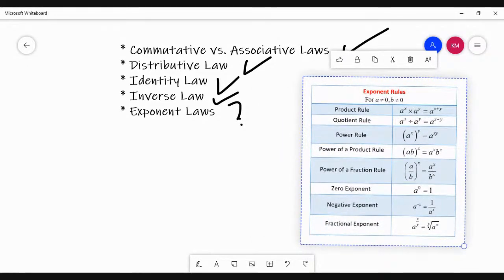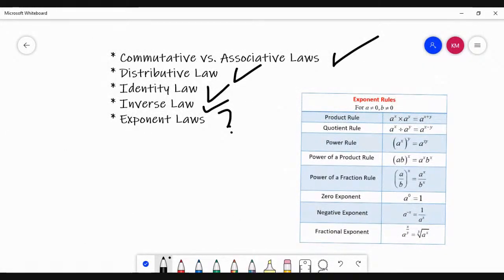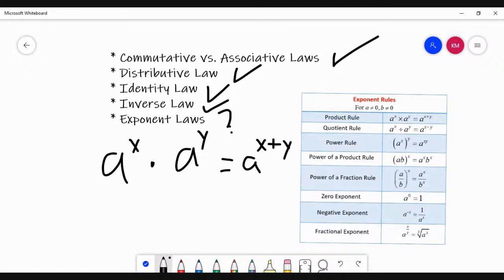First rule up is the product rule. Product rule says if a is raised to the x power, and a is also raised to the y power, then the exponents can be added to each other.